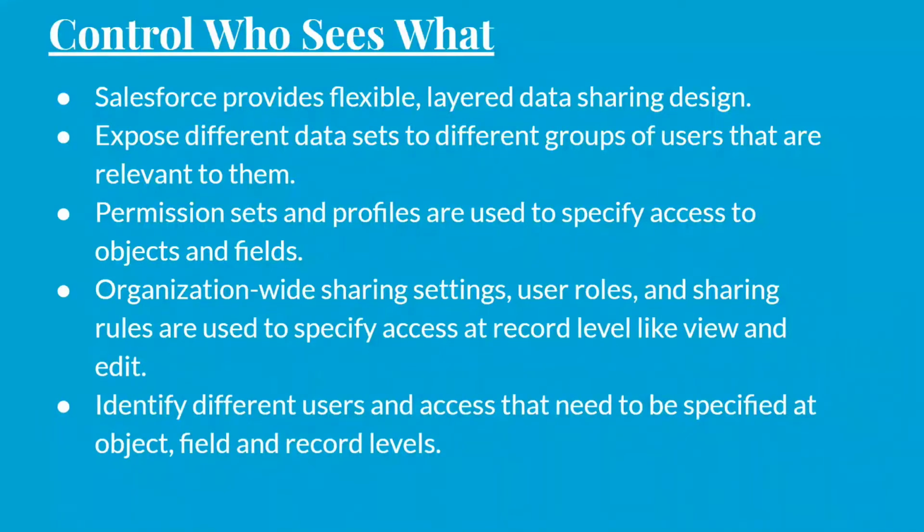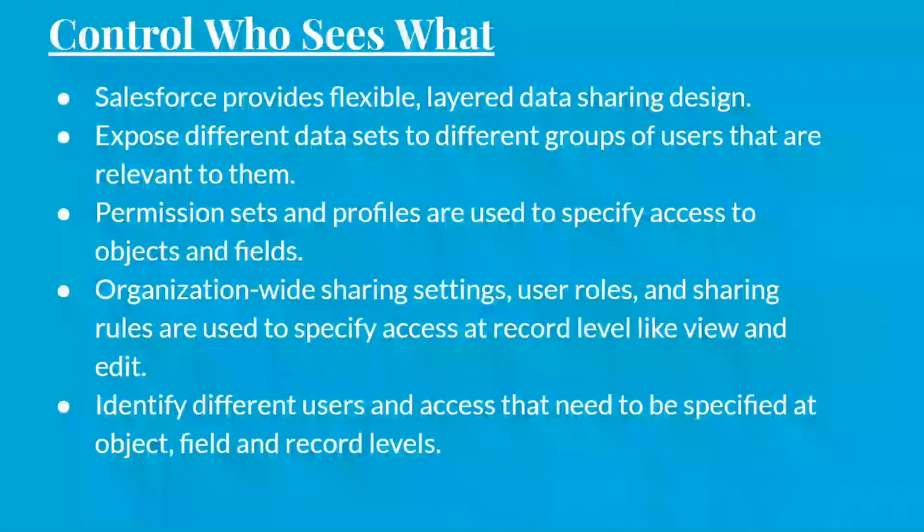Identify different users and the access that needs to be specified at object, field, and record levels. When you start working in your org, it is good practice that you first identify who all will be your different users and what access level they should have at the different levels: at the object level, at the field level, at the record level.